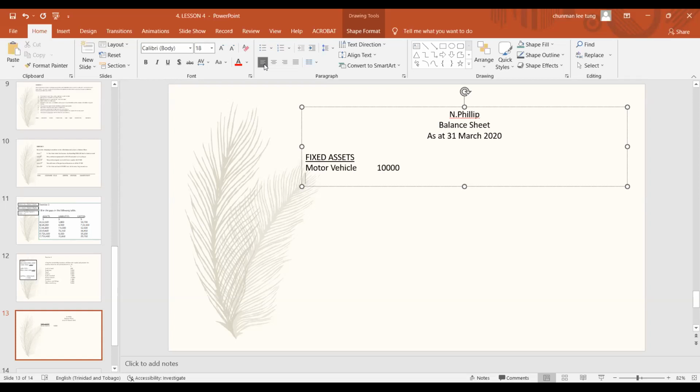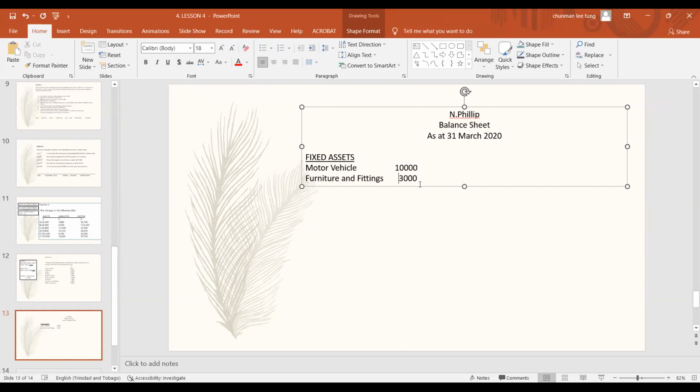The other fixed asset is furniture and fittings, $3,000. Let me just shorten up this. Furniture and fittings, $3,000.